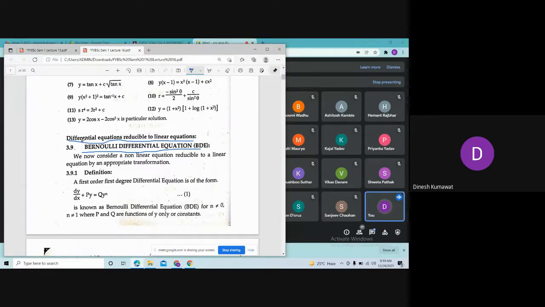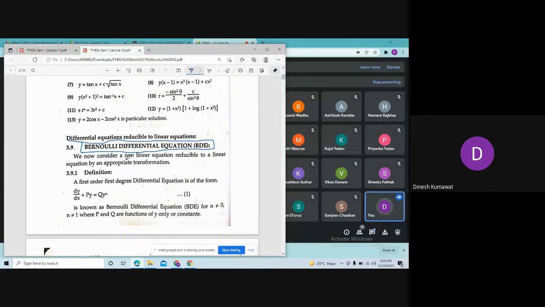And Bernoulli is the name of the mathematician who invented this differential equation. His idea is to convert such kinds of differential equations into linear differential equations. Now the question arises how we are going to do that.